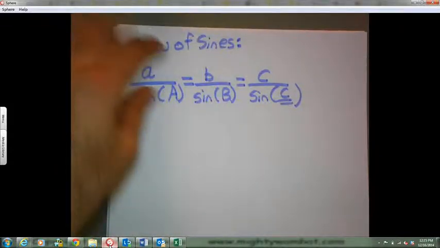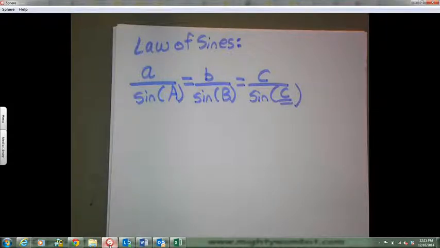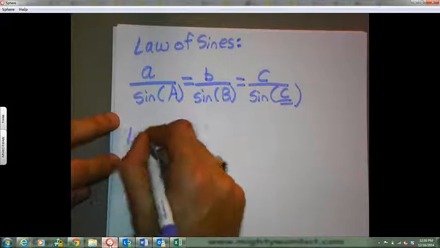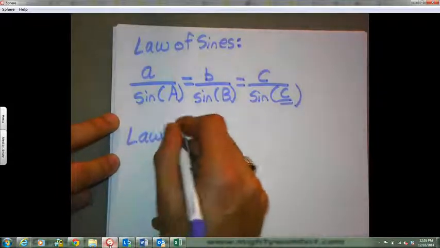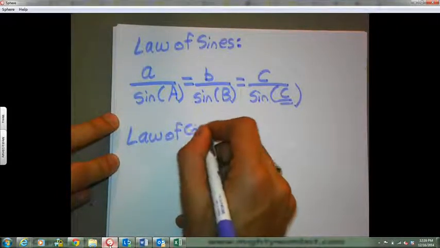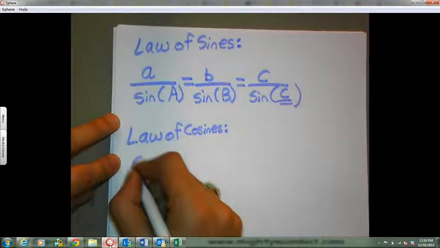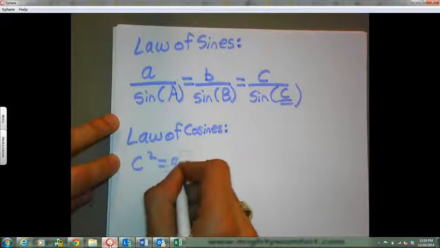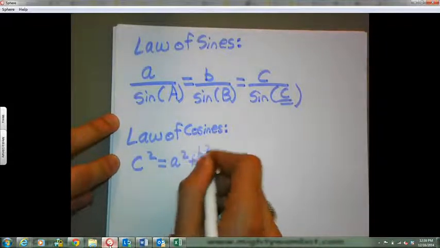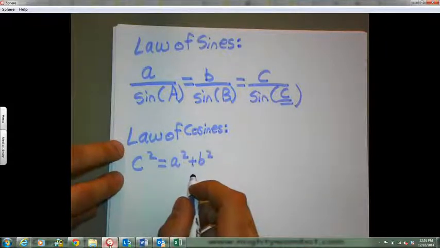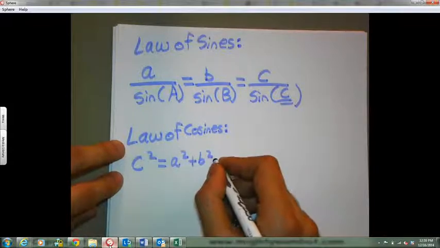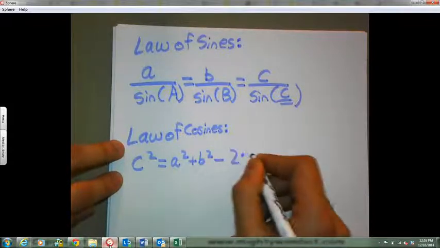We also have the law of cosines, which says c squared equals a squared plus b squared. That's Pythagorean theorem. But then because this is not a right triangle, we need to subtract 2 times a times b times cosine of C. C is the angle.